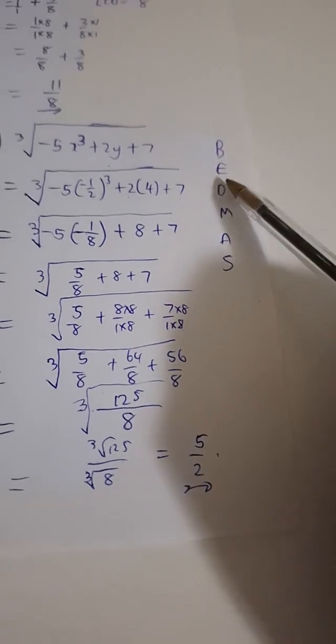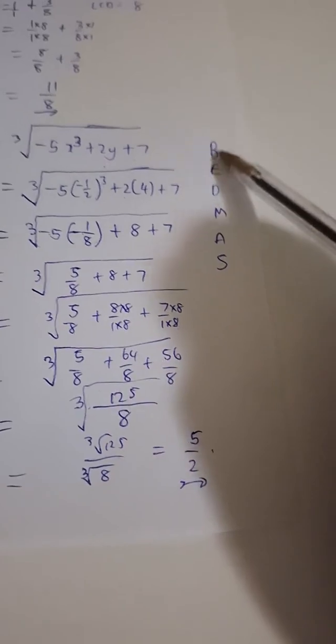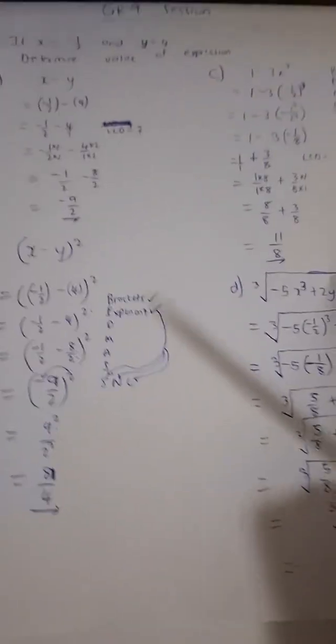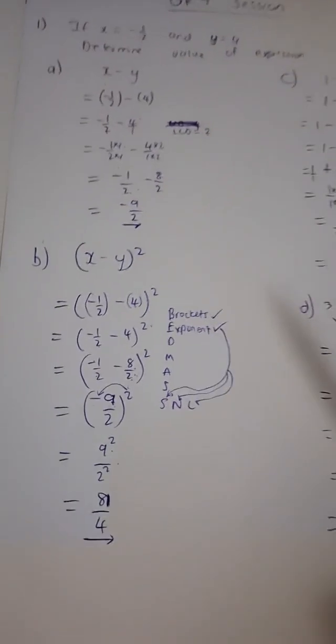Brackets, exponents, division, multiplication, addition, subtraction. We do things in that order, guys. So this was just a few of the problems that I extracted from that particular revision exercise based on grade 8 work.